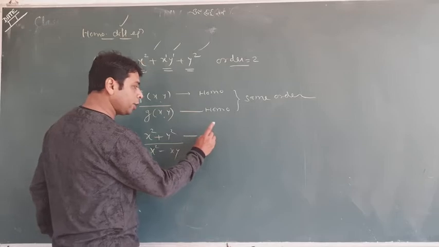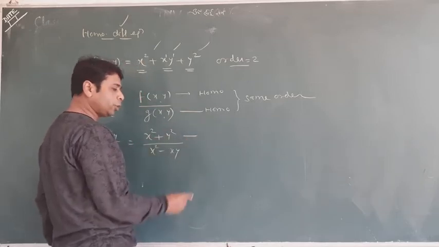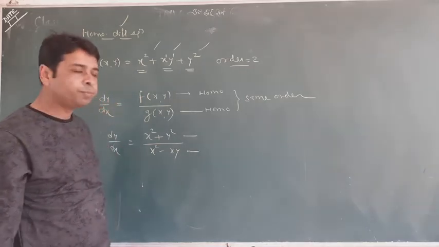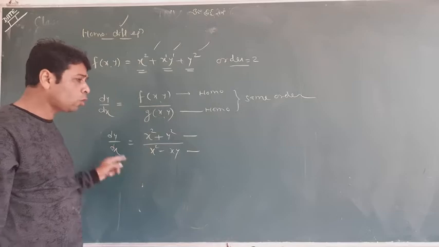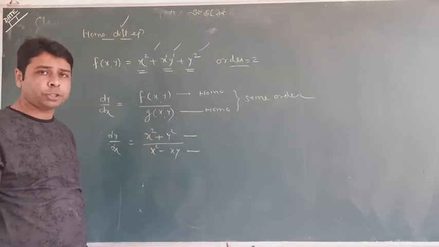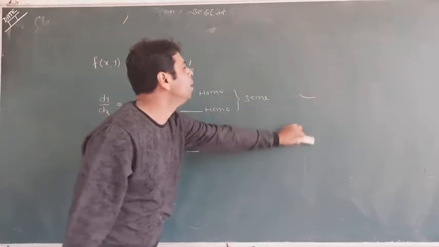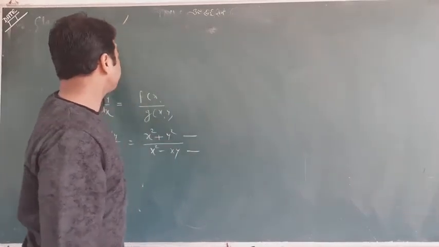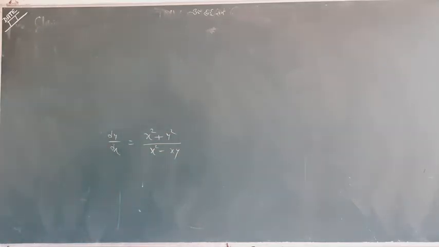Meaning the numerator is a homogeneous function of order 2 and the denominator is a homogeneous function of order 2. Both have the same order, and along with dy by dx the whole is called a homogeneous differential equation. So this is the simple thing I wanted to show you here. This is your homogeneous differential equation.